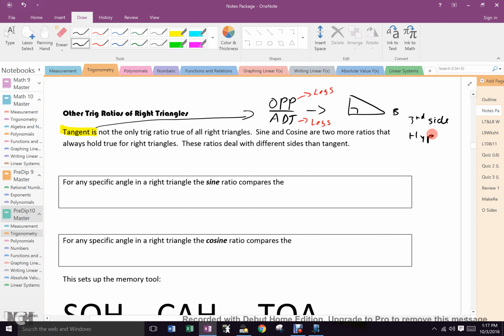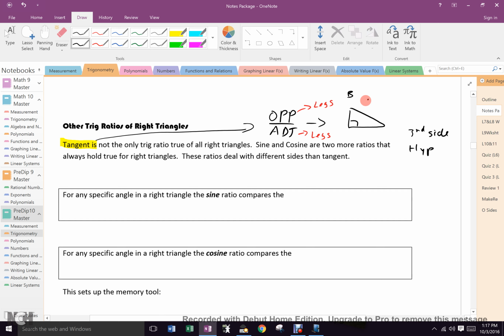Now the problem with the hypotenuse is it never moves, and yet people have trouble with it, even though it's the one that's always the same. If I take this B and I move it up here, now all of a sudden the opposites and the adjacents have changed places, but the hypotenuse hasn't.